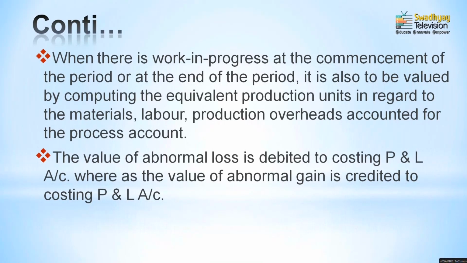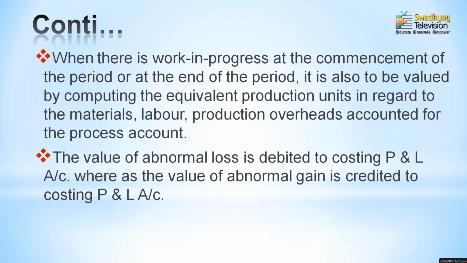Work in progress means some amount of process has already been done on this particular product or raw material, but still some processes are required to convert this raw material into a finished product.